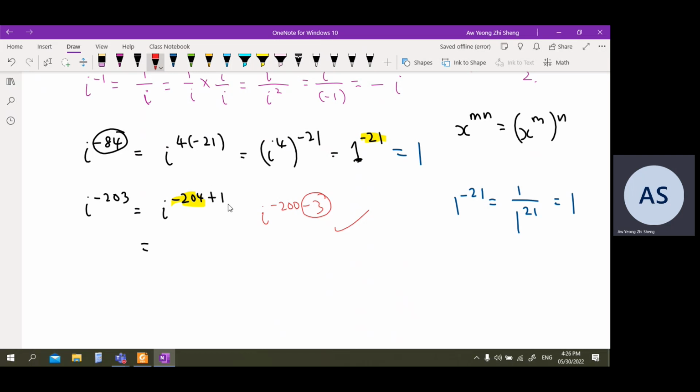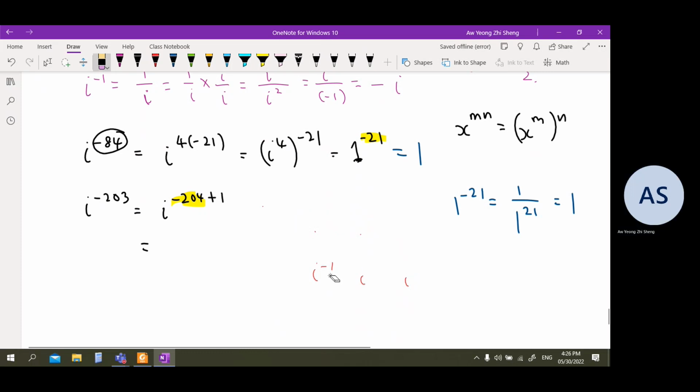It will be easy to deal with if you end up at the end having i power 1, i power 2, and i power 3. It will be easier to deal with as compared to i power minus 1, i power minus 2, and i power minus 3. Having positive power at the end will be easier to deal with. Right? That's why I prefer to write minus 203 as minus 204 plus 1. But now the minus 204 can be written as a multiple of 4.